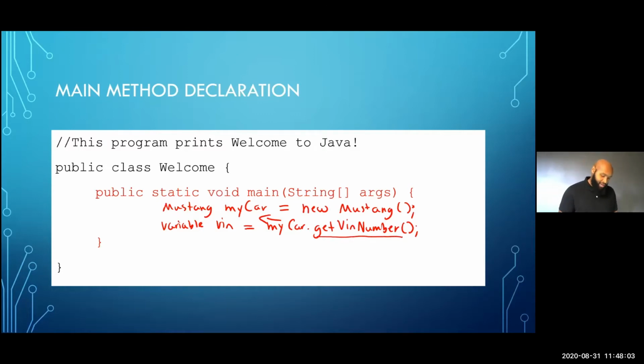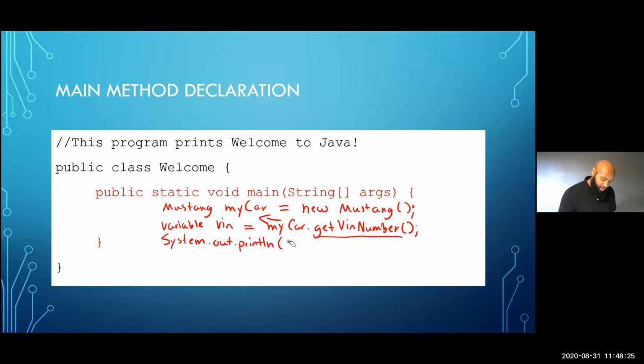All right. Then lastly, I can do a system.out. Again, system.out.println prints to the command line whatever I put within the parentheses. Print line.